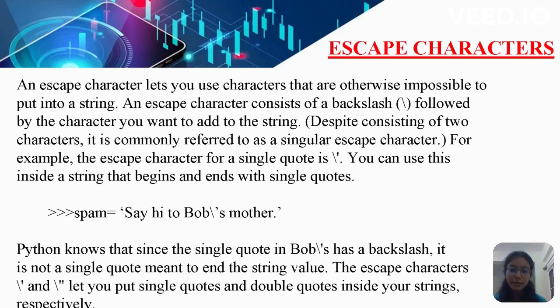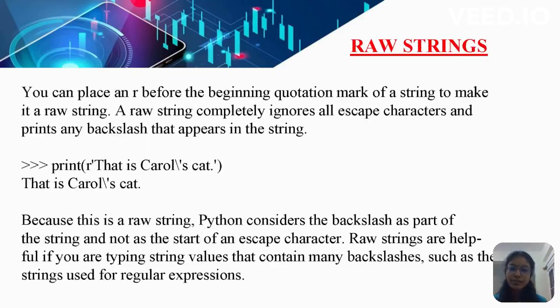The escape characters backslash single quote and backslash double quote let you put single quotes and double quotes inside your strings, respectively. Raw strings. You can place an r before the beginning quotation mark of a string to make it a raw string. A raw string completely ignores all escape characters and prints any backslash that appears in the string. print(r'That is Carol\'s cat.') prints That is Carol\'s cat.